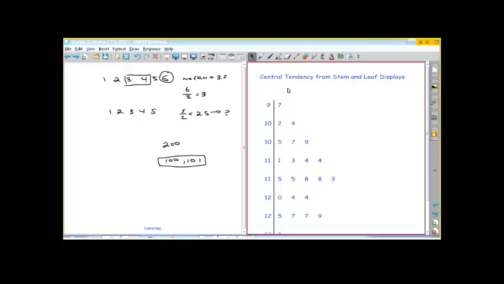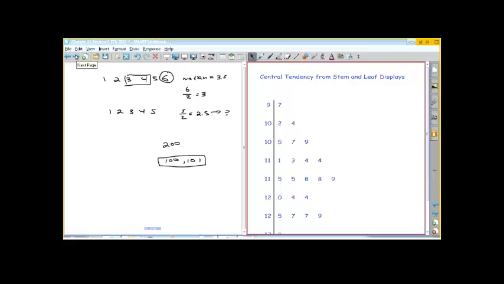So you'd look at it and say, well, it looks like the middle of this data is somewhere between 115 and 119. Again, it's kind of a qualitative way of looking at it. You could probably get the median if you counted how many numbers you have here, and then counted halfway up.